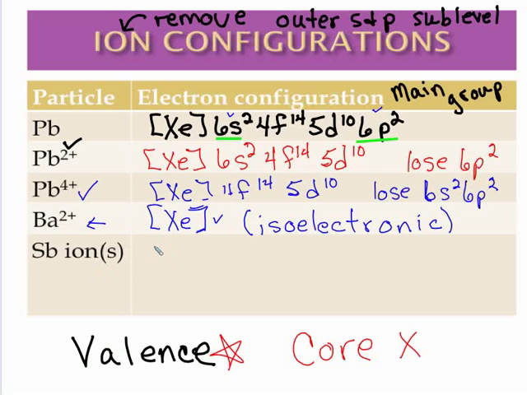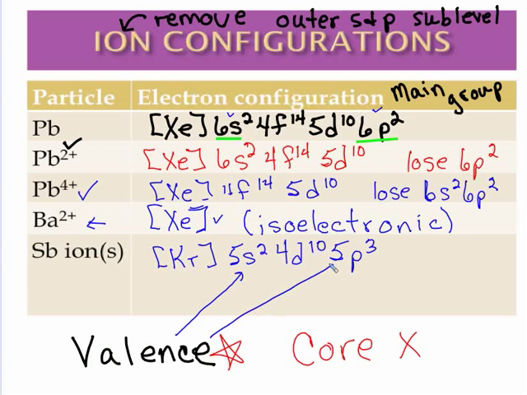And now I want you to predict the ions of antimony. Antimony is krypton, and then from krypton, we'd go to 5s2, 4d10, 5p3. Now remember, we're dealing with the valence electrons, which are our outer s and p.